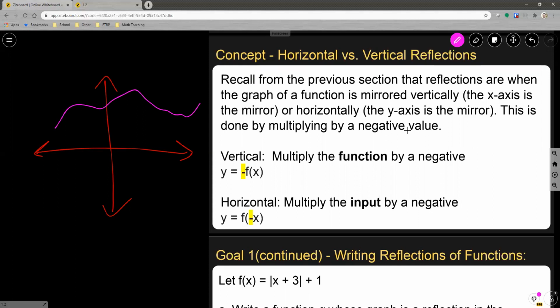If I multiply that function by a negative value, it's going to reflect itself over the x-axis. So it's a vertical reflection, and the x-axis is acting as the mirror. Every value that was above becomes below, and so on and so forth.